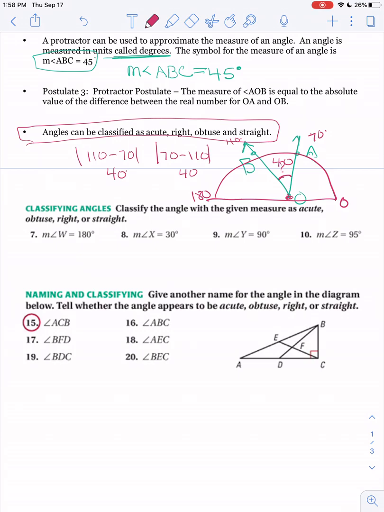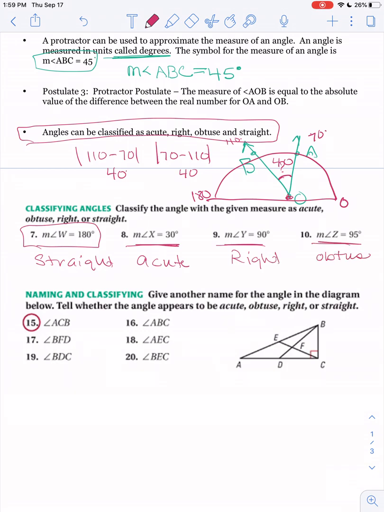And finally, straight would be an angle that's equal to 180 degrees. So let's practice that. Exactly equal to 180, we call that a straight angle. Less than 90, we call that an acute angle. Exactly equal to 90, we call that a right angle. And finally, more than 90 but less than 180, we call that obtuse.